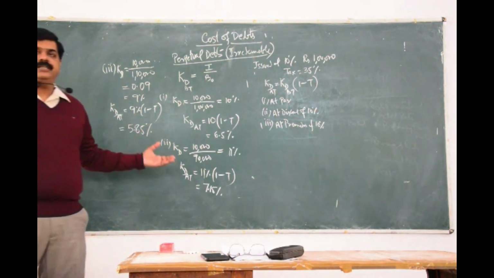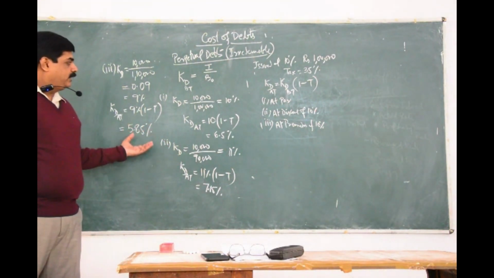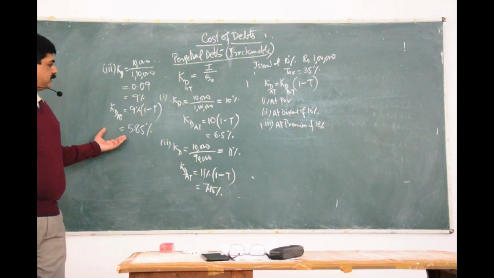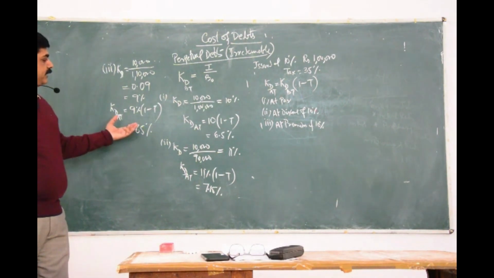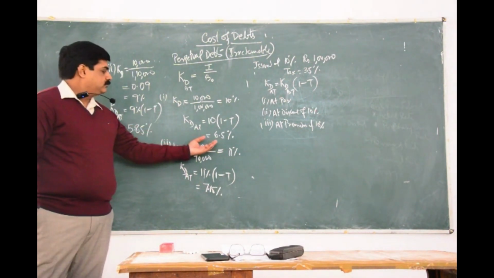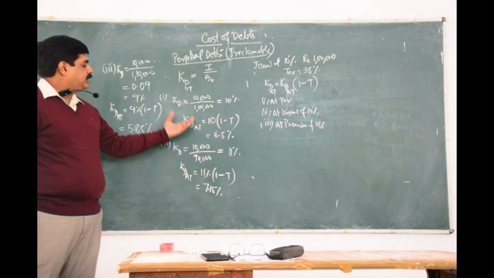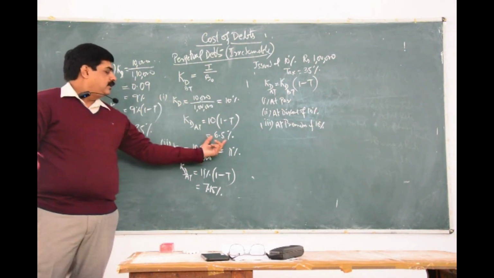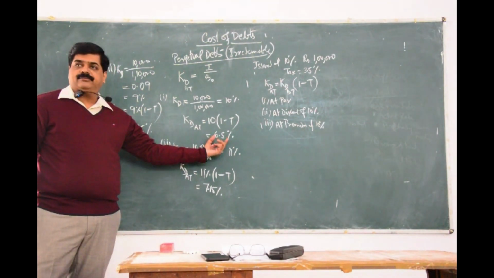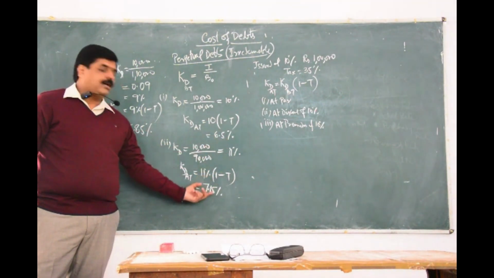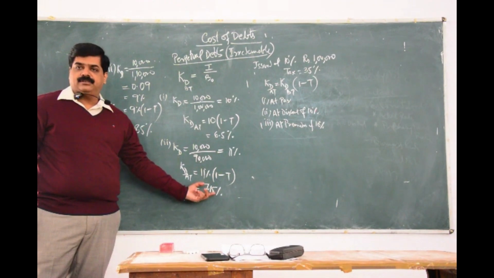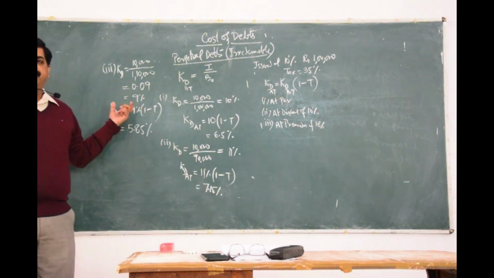You can easily see that when it was issued at par, it was 6.5. When a discount is there, it has increased, but when a premium is there, it has decreased.